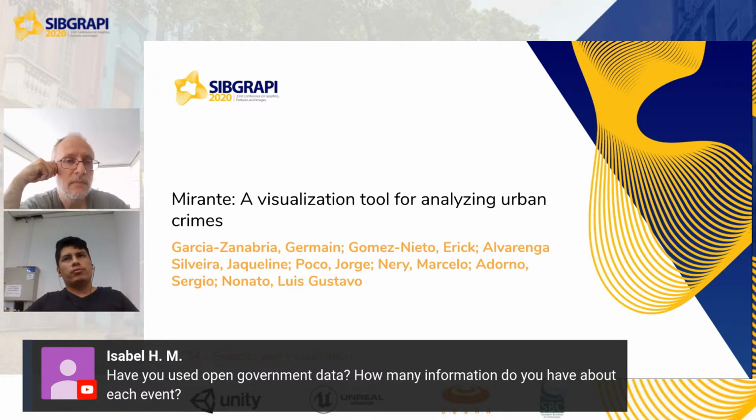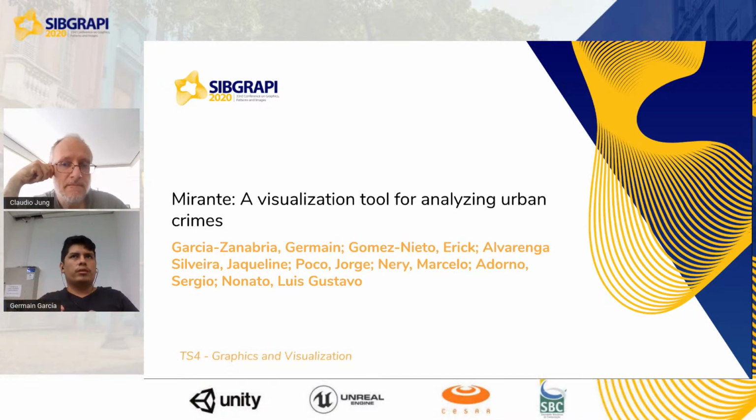And in Sao Carlos, we have almost 1 million incidents too, but it's not open data. The time period in Sao Paulo is from 2006 to 2017, and in Sao Carlos it is 2014 to 2019, I think.